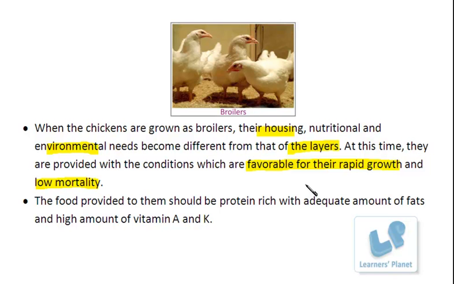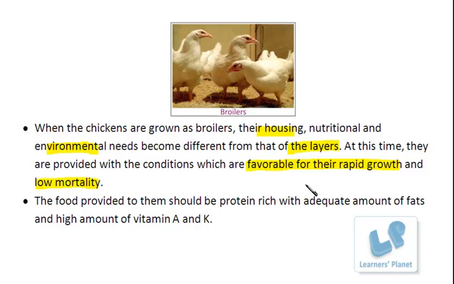So the conditions, as we have studied in the earlier part of this session regarding the layers, are to be applied here, but in an alternate manner. For example, in the feed given to the egg layers, the level of calcium and salt is especially maintained so as to maintain the quality of the eggs, or the egg production capacity of the organisms. But this factor does not affect the broilers so much.